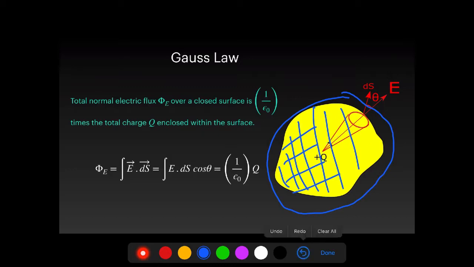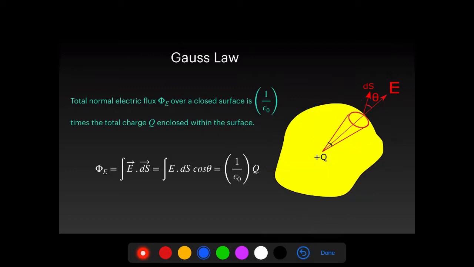As a recap, in this Gaussian surface, theta is the angle between the electric field and ds bar. At this specific point, it is E bar dot ds bar, and if you multiply you will get E ds cos theta, as you know from the scalar product.